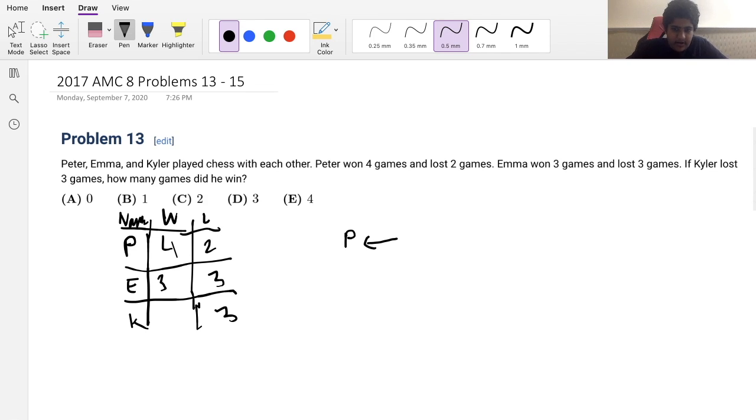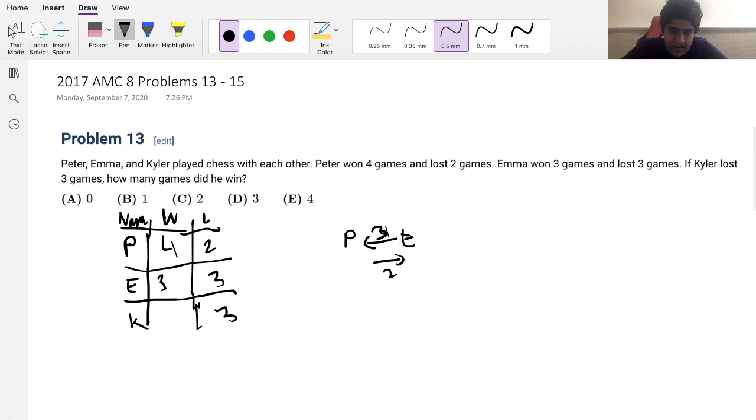And basically the arrow points in the direction of the winner. So we know that Peter beat Emma 3 times since Emma lost thrice. We also know that Emma beat Peter twice, because otherwise Peter wouldn't have lost.